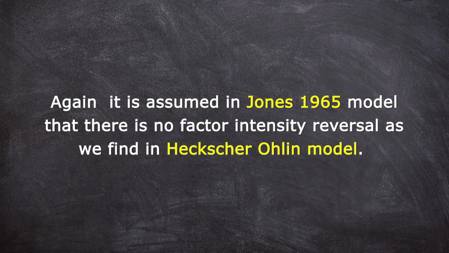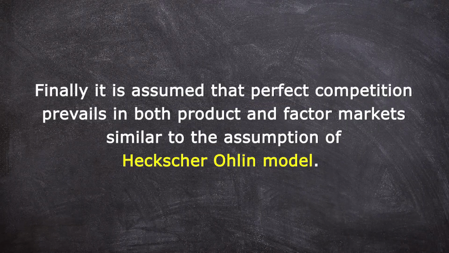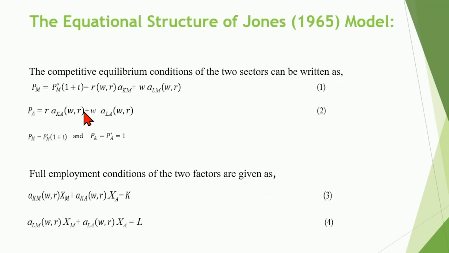Again, it is assumed in Jones 1965 model that there is no factor intensity reversal, as we find in the Heckscher-Ohlin model. Finally, it is assumed that perfect competition prevails in both product and factor markets, similar to the assumption of the Heckscher-Ohlin model. Now we can specify the equational structure of Jones 1965 model as is shown here.